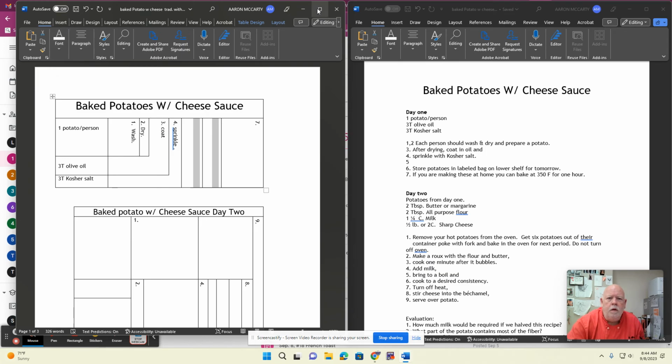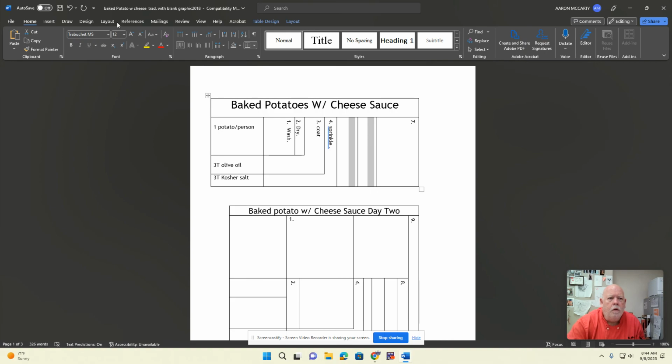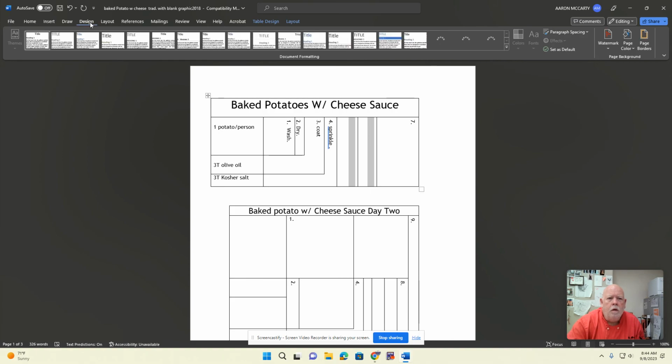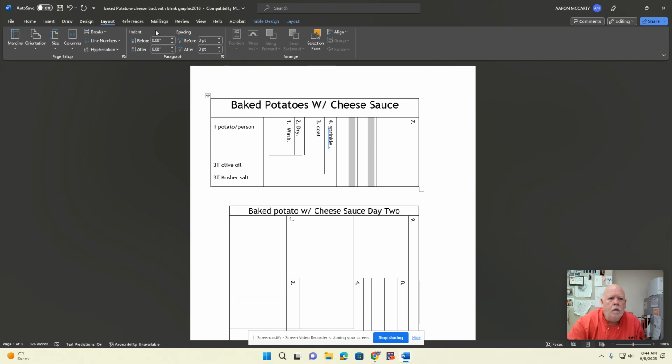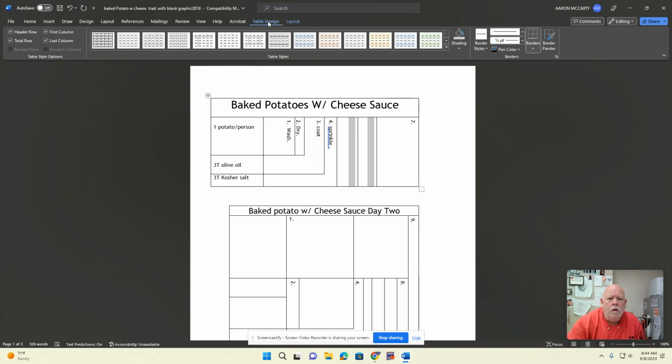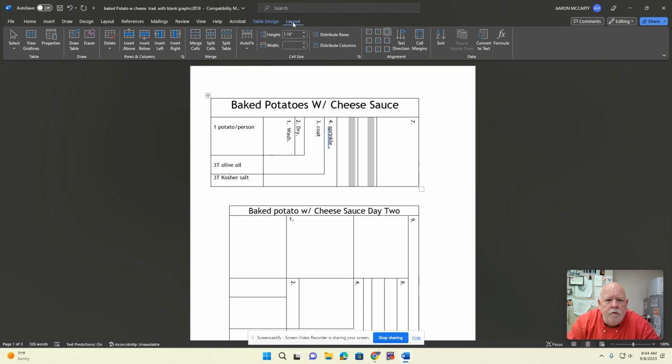Let's see here. Oh, sorry, this is taking so long. Some of the recipes have a step 5 that I've used in the past, but for today's purposes, we're going to remove step 5.